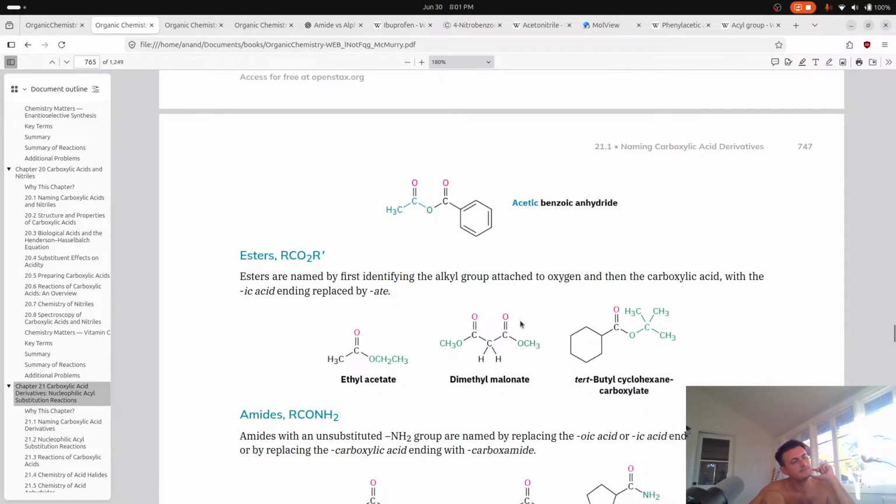Huh. This one's weird though, the middle one. So here we have dimethyl malonate.